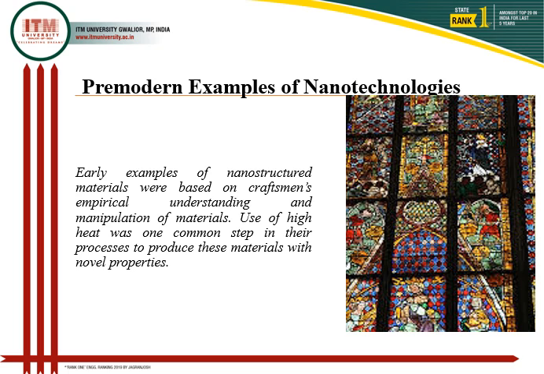So if we move to the pre-modern era, we will see many examples of nanotechnology. As you can see in this figure, these are windows used by people of the old era.